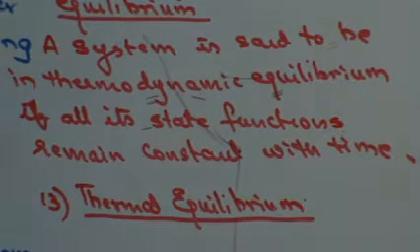What is thermal equilibrium? A system is said to be in a state of thermal equilibrium if the temperature remains constant with time. If the temperature remains constant with time, then the body is said to have thermal equilibrium.